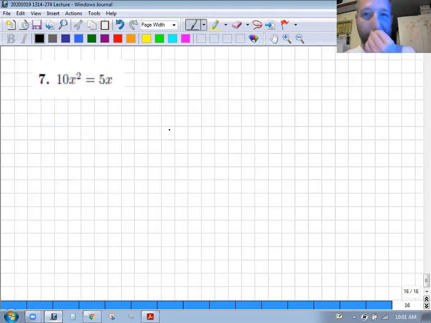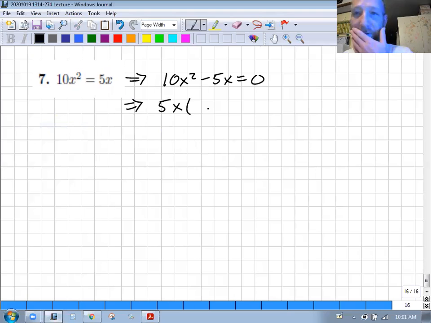All right, let's get this thing into a standard form. Just subtract 5x from both sides, right? Here we can pull a 5x out, right? That would give us a 2x minus 1. Right, 10x squared minus 5x.